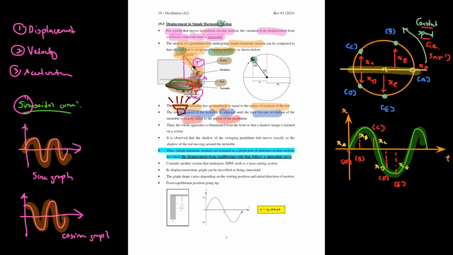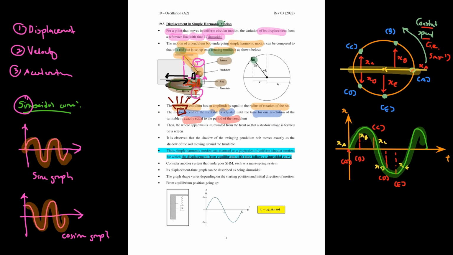Okay, you're going to get the shadow image of your rod right over here. Now, because you're just looking at the front, perpendicular to your screen, what you'll see is that your rod is actually just moving sideways, left and right. The shadow image of your rod is actually moving left and right.